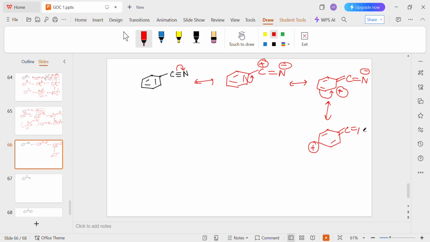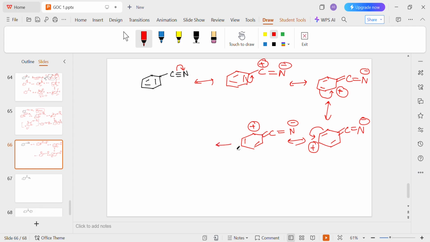Okay, now to stabilize this positive charge, this pi bond comes here. Okay, pi bond comes here, a pi bond here, a positive charge comes here because this pi bond has shifted here. Okay, C double bond N negative. Now this pi bond will stabilize this positive charge by moving from this carbon to this carbon towards the ring.